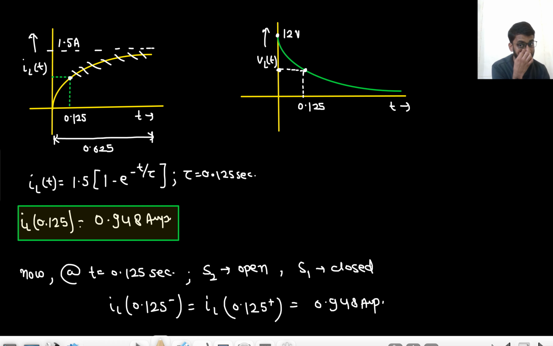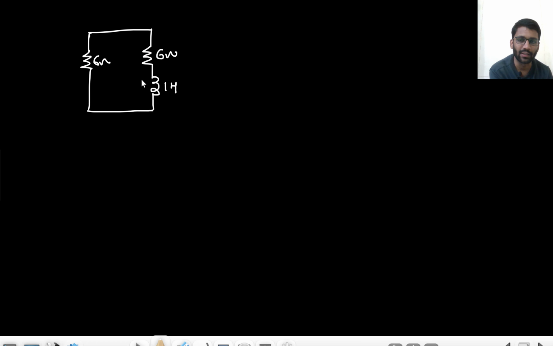How much is the current? 0.948. That is the initial current. Tell me where it would want to go. So it would try to go to 0 ampere, right?